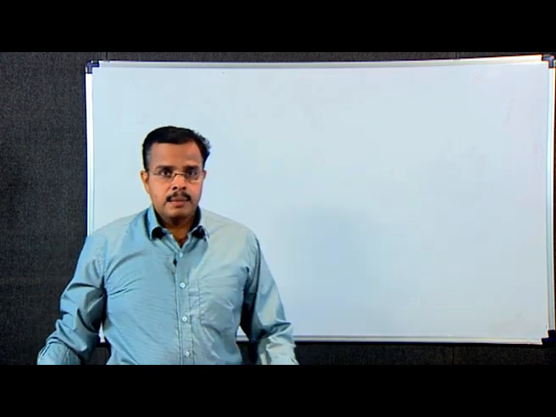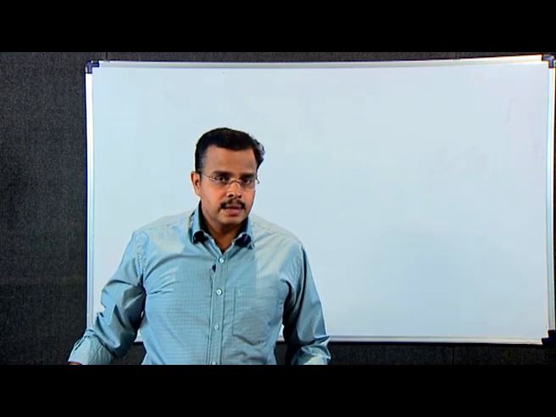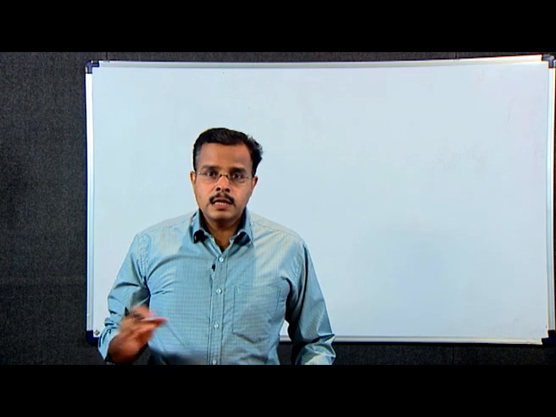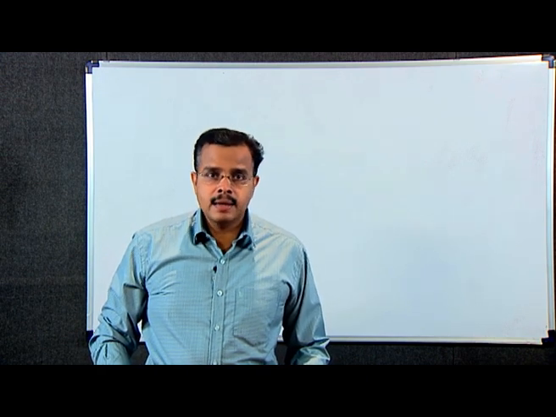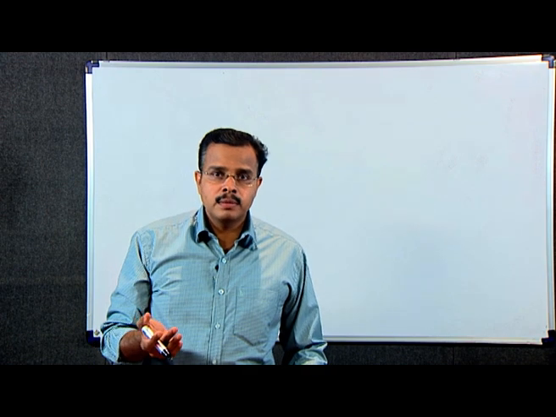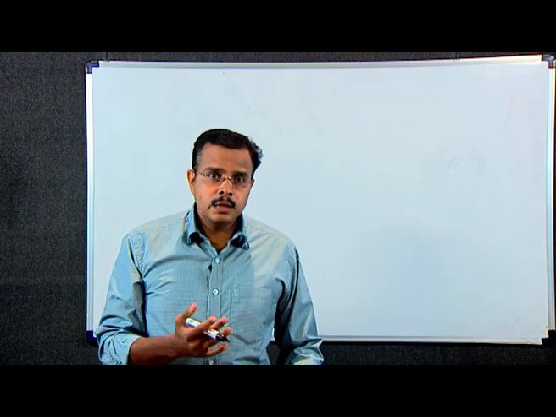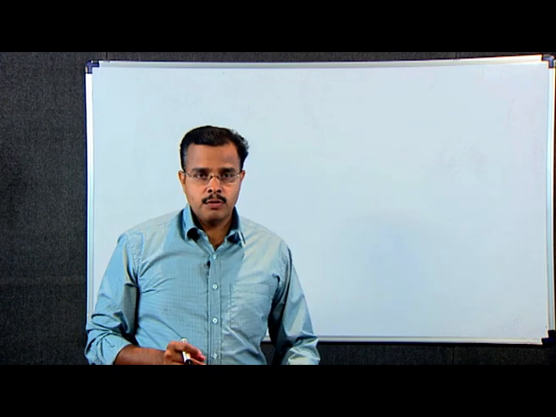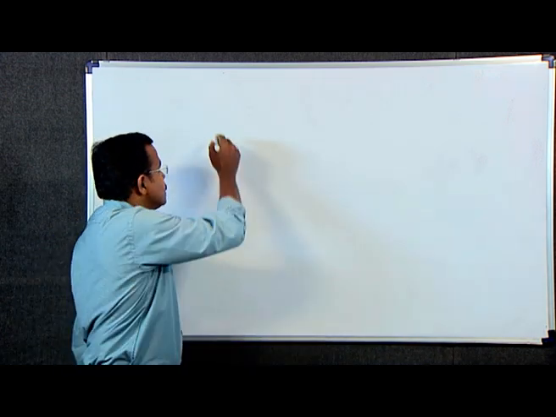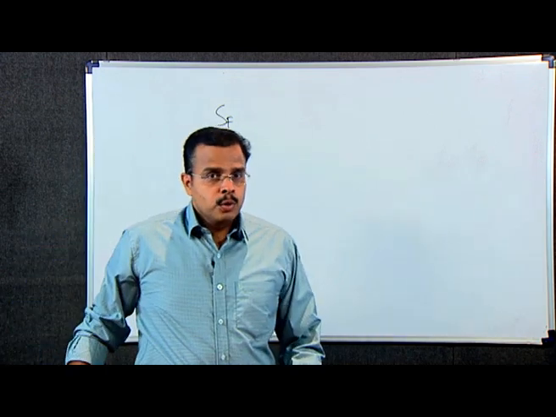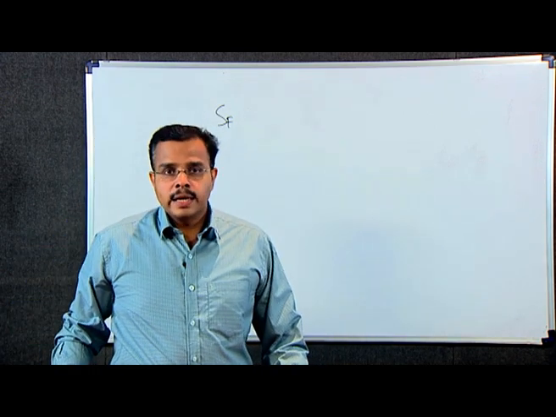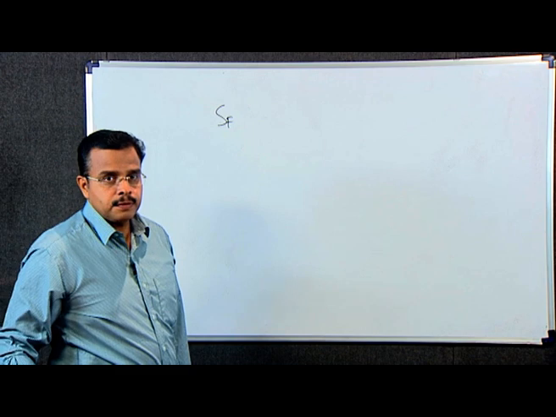In the next theorem, we are considering the set SF. If it is non-empty, the objective function f of x has either an unbounded minimum or it is minimum at a vertex of SF. Set of feasible solutions, if it is non-empty. You can prove it like this: there are 2 cases of SF.